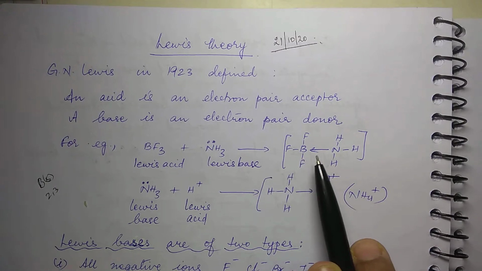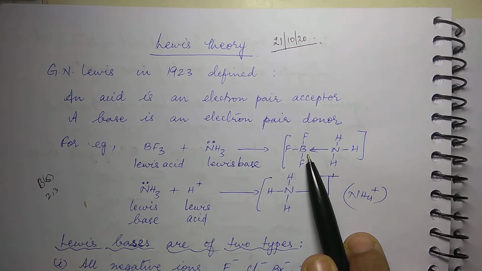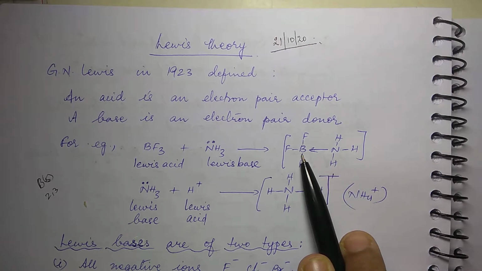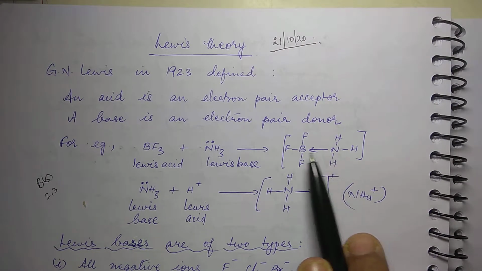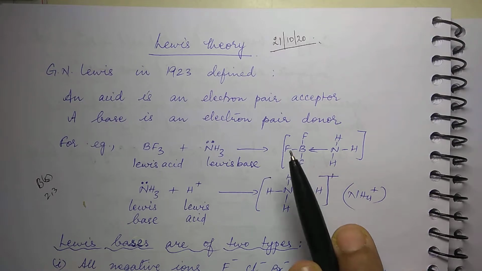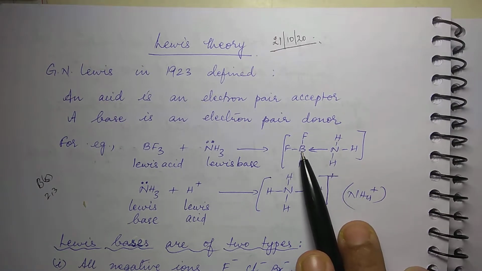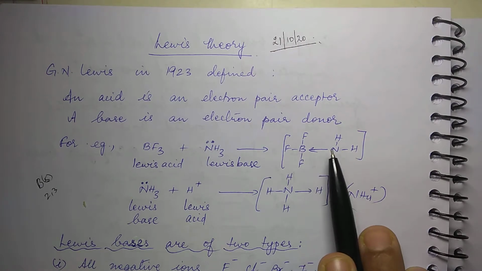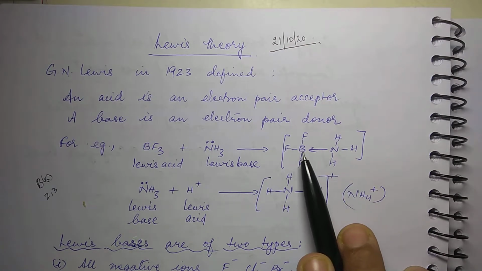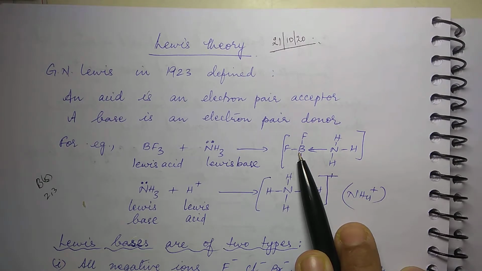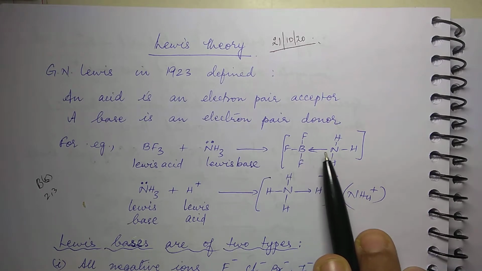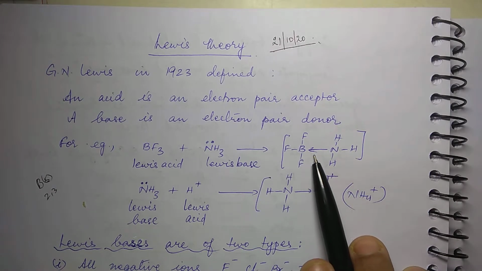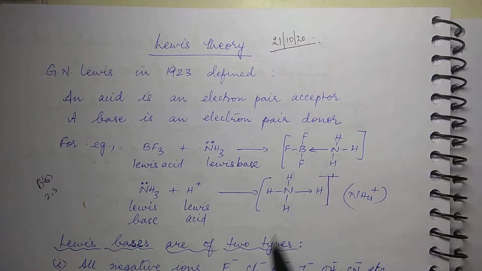Both the electrons are coming from nitrogen and it is being shared with boron. So the direction of the coordinate covalent bond is from where the electron is being donated. From nitrogen it is getting shared with boron. So the arrow is pointing towards boron, as nitrogen is giving. So this is called a coordinate covalent bond.